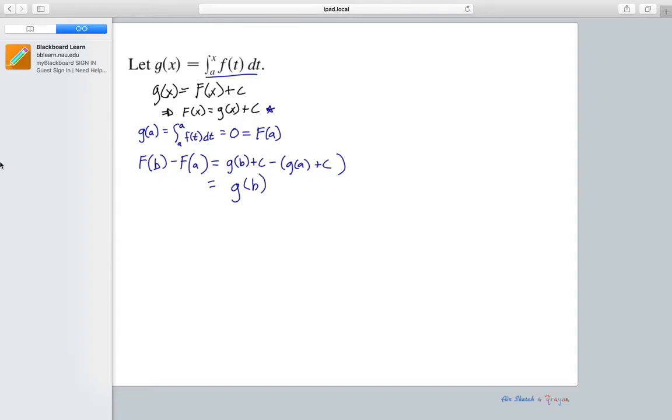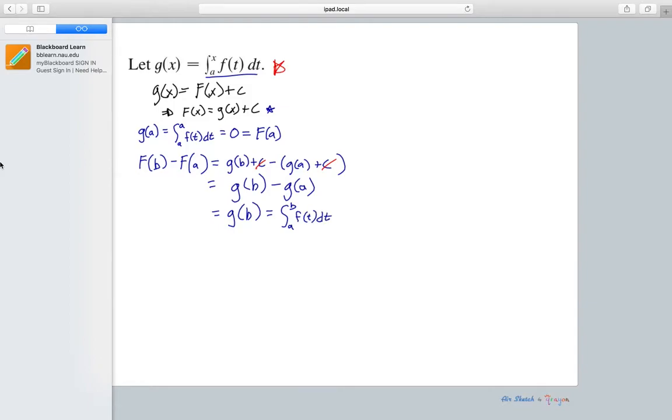Now notice that my constants are going to cancel out, so it's G of B minus G of A. Well, we just found that G of A is 0, so this is just G of B, which if we then go back to our accumulation function definition up at the very top, G of B would be the integral from A to B of f of t dt.